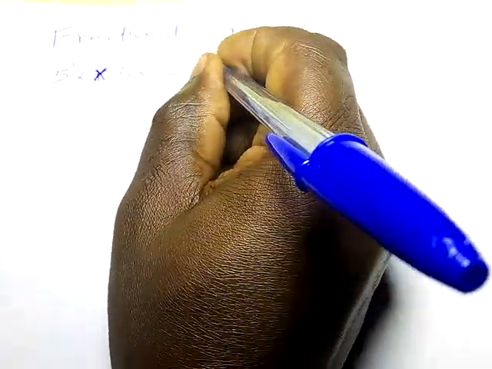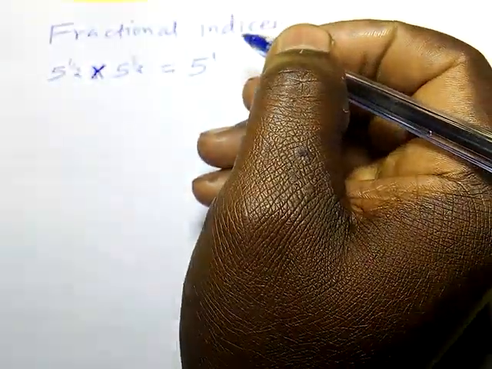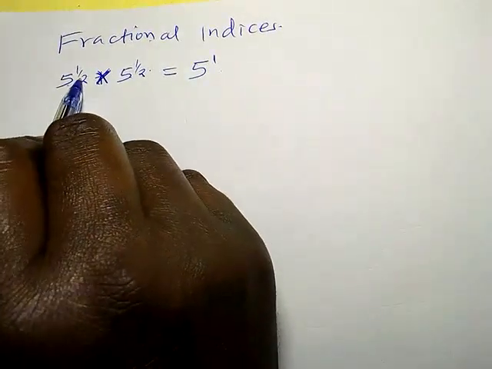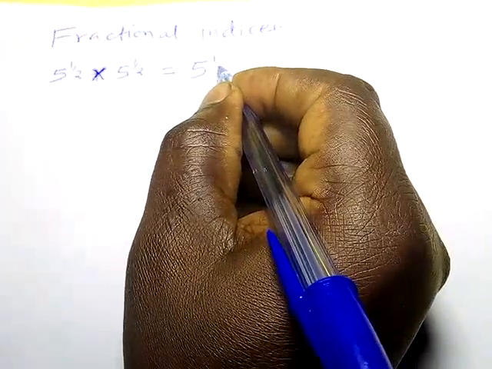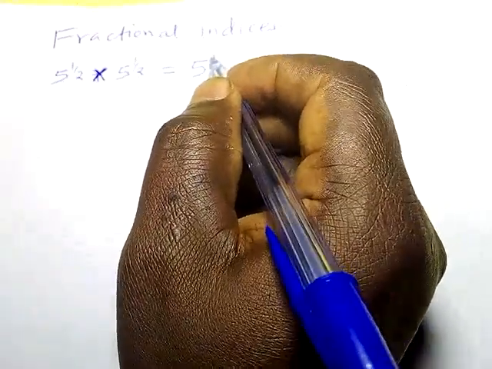What does the rule say? The bases are the same, so it is 5, and a half plus a half is 1. So the answer is 5 raised to power 1. A number raised to power 1 is the same as that number.